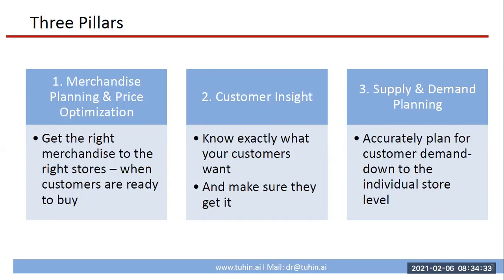That's very, very critical. And at the right point of time for the right customer. So all these things have to be right. Then only the magic, or then only the right revenue can be accrued. So that's the first part, merchandise planning and price optimization.